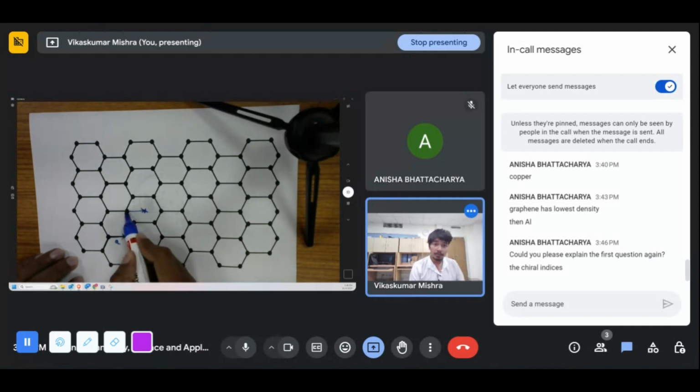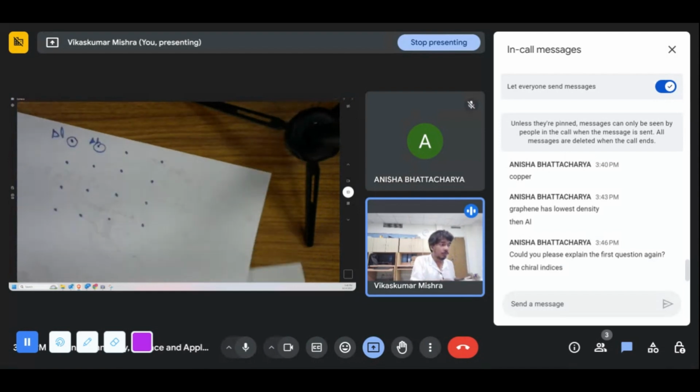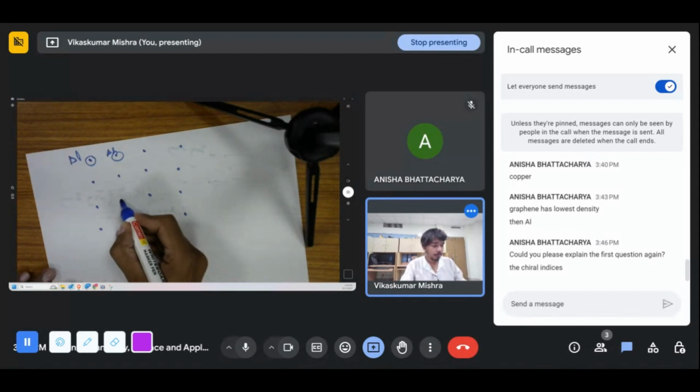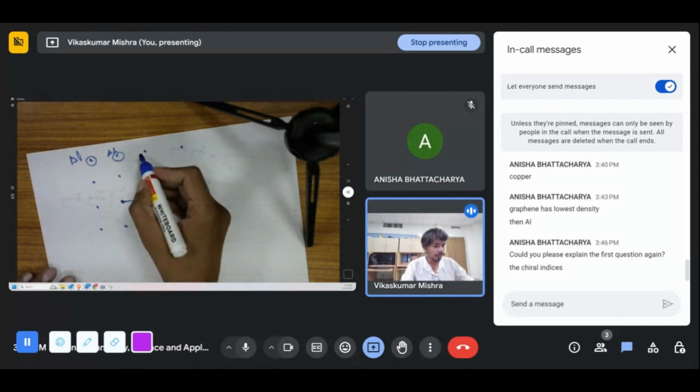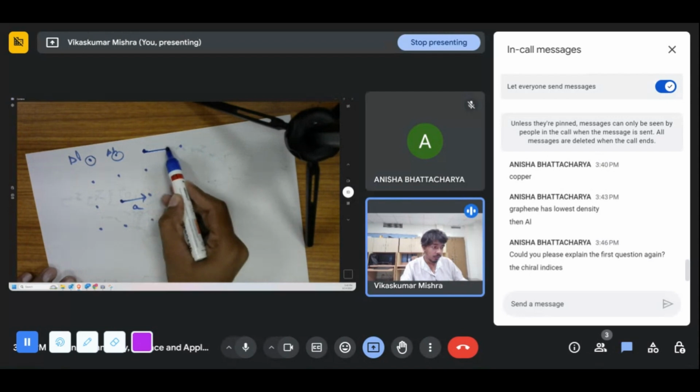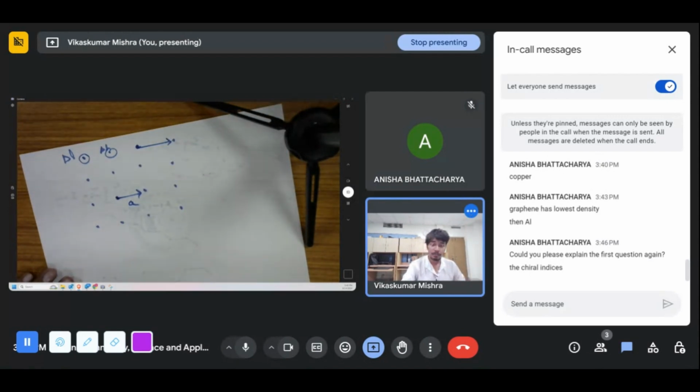So this is not a lattice point if I choose this one. First, we have to select the lattice points that work for us. For the cubic, let us say this is my lattice point. I am moving in this direction by the amount a. I take one more lattice point somewhere else. In the same direction, with the same magnitude, if I move, I will get another lattice point. So these are all the lattice points.